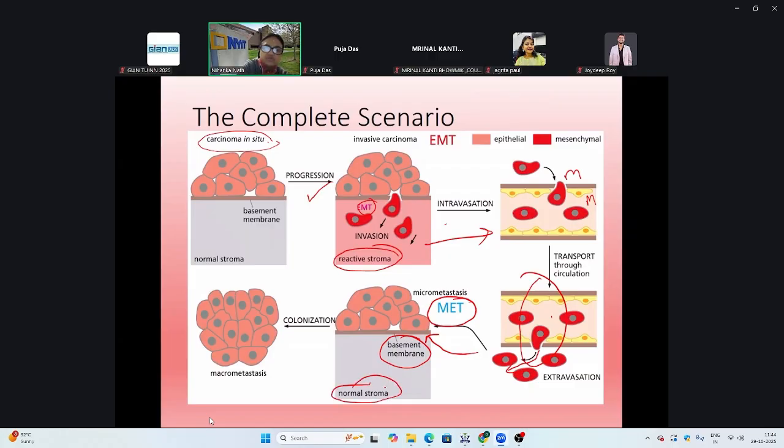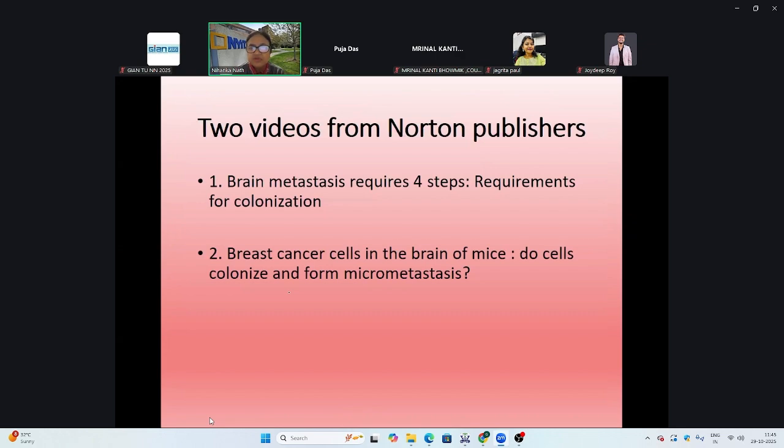Here it was a reactive stroma, and the stroma was helping. Here, nothing to do. It will just simply go and attach, but it takes a long, long time for this colonization to take place because the stroma is not doing anything, and the likelihood for it to survive is also important. So colonization takes place with some difficulty. So this is the whole story.